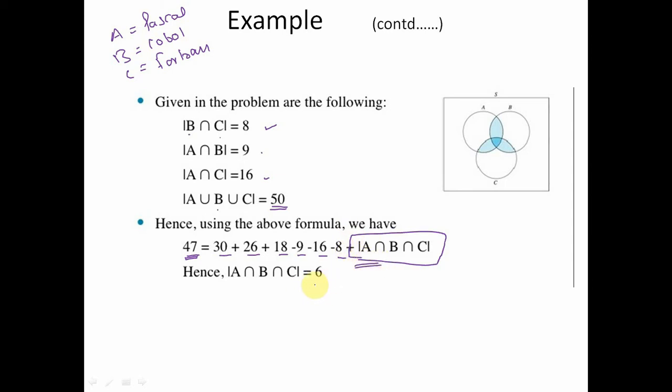In this particular question, we do not have to find the cardinality of the union. We have to find the cardinality of people who know all the three languages. So the number of people who know all the three languages is A intersection B intersection C. The number of people who are present in this set as well as this set as well as this set, indicated by this region in the Venn diagram. So the number of people who know all the three languages is 6.